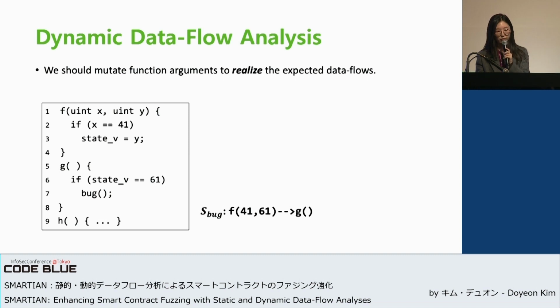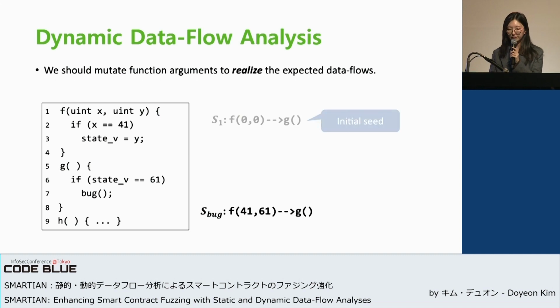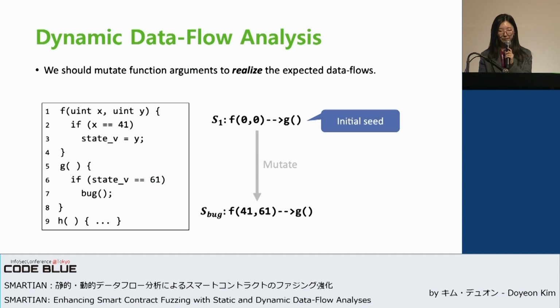So we have to call f with 41 and 61 to trigger the bug at line 7. And our static analysis module will initialize the seed with a promising sequence, f and g in order.